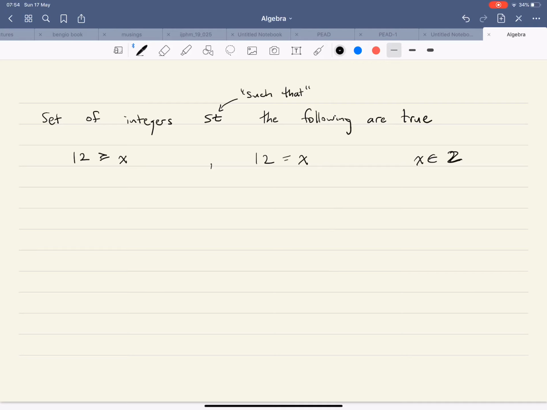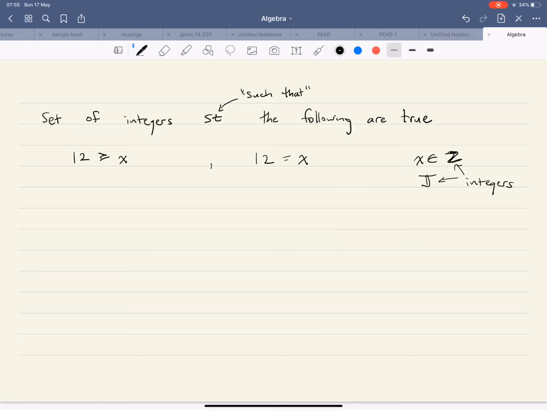Now I know before, in an earlier section of your book, they used J to represent integers. That's not as widely used. In most cases that I've seen, Z is the letter that represents integers. So I'm just going to say these are integers.